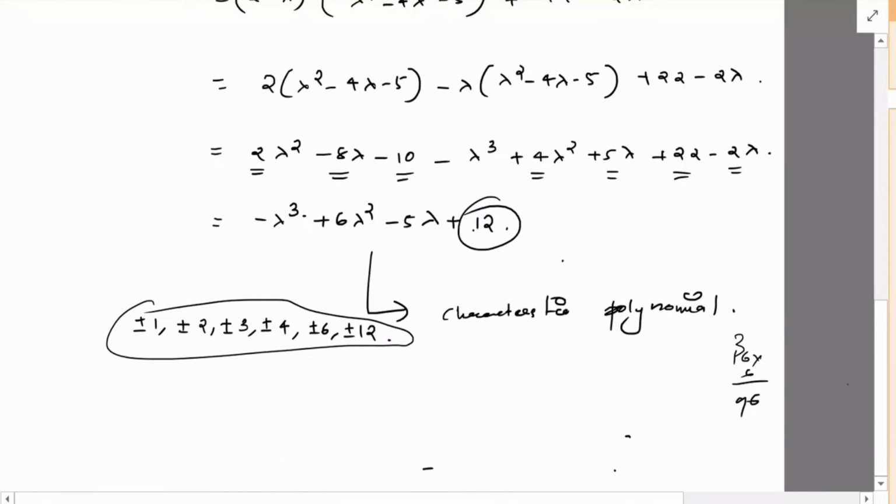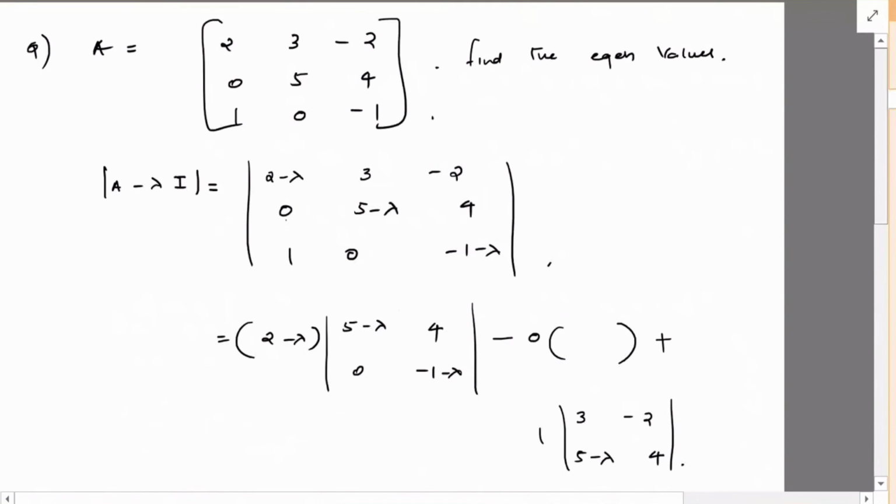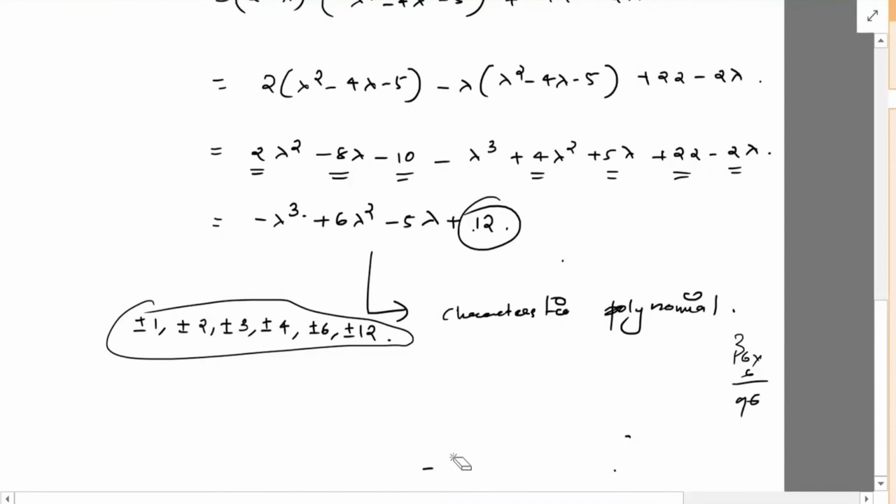When we substitute minus 4, that is minus of minus 4 cube. Minus 4 cube is, no, it will not become 0. Minus 4 cube plus 6 into minus 4 square minus 5 into minus 4 plus 12.